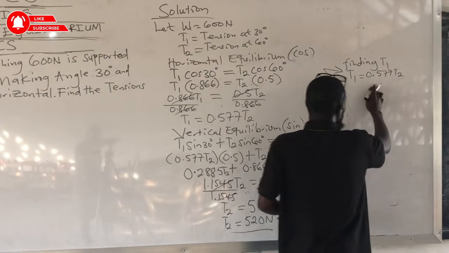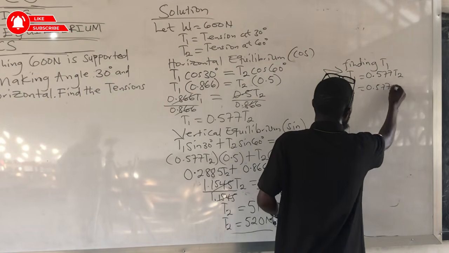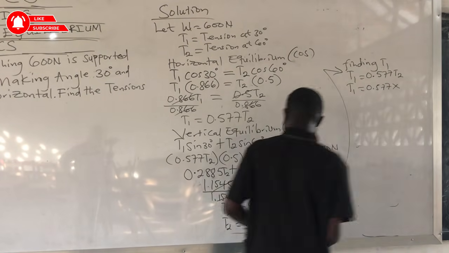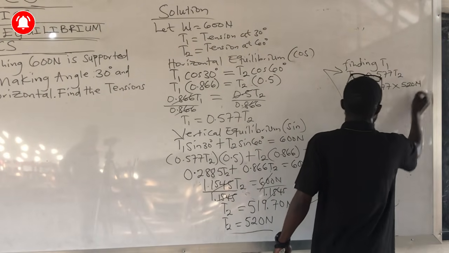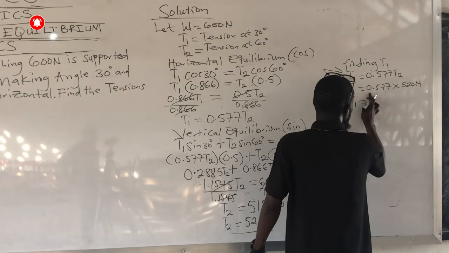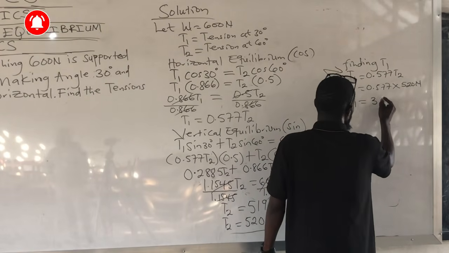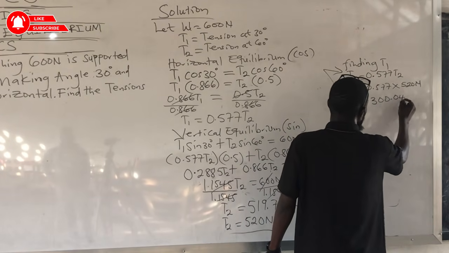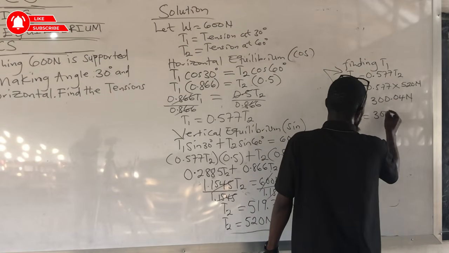Remember, T2 will be multiplied: 0.577 times T2. What is the T2 number? It is 520, so 520 Newton. So T1 will be equal to, when we multiply this and this, automatically we get 300.04 Newton, or T1 can be 300 Newton.